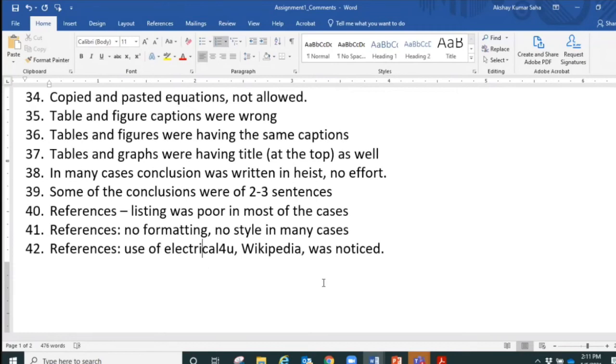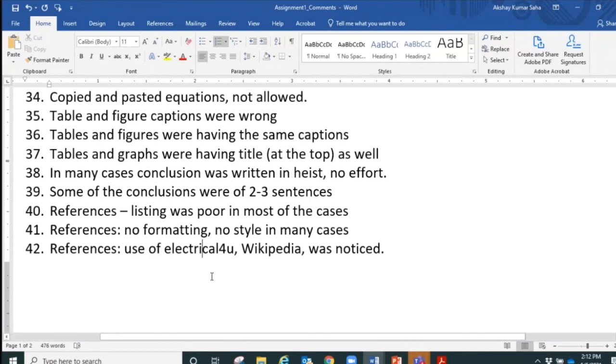So you must use those top-level articles from IEEE Xplore, not Electrical4U. I even told many of you many times that if you go to Electrical4U, it means that electrical is not for you. I don't mean you personally, but simply, it's bad. Honestly, it's very bad. We should not use it.